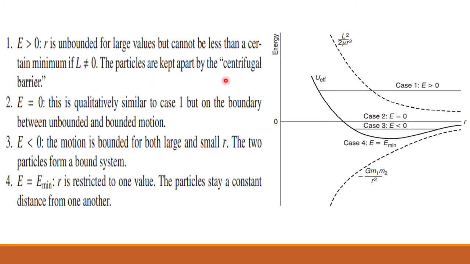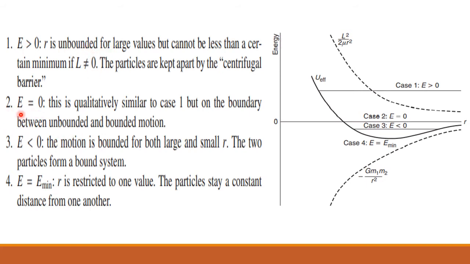The particles are always kept apart by the centrifugal barrier. They cannot come closer than a limit, which is called the centrifugal barrier. In that case, the particles are unbounded.